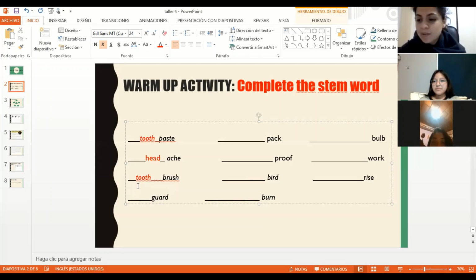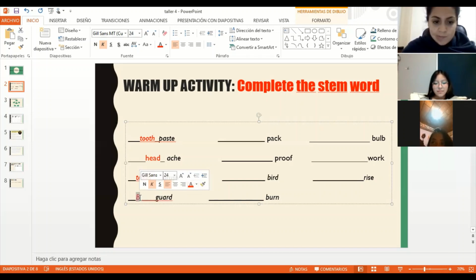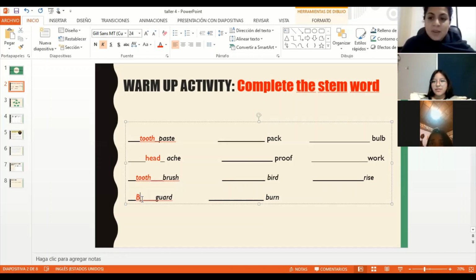It starts with a B. What do you guys think? Anybody could help me out here. I put lifeguard, but you're saying bodyguard. Exactly, bodyguard, exactly. It could be whichever one.